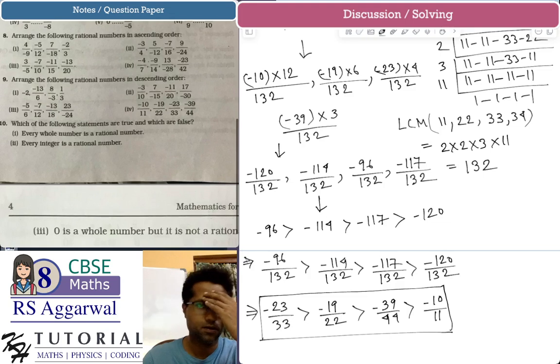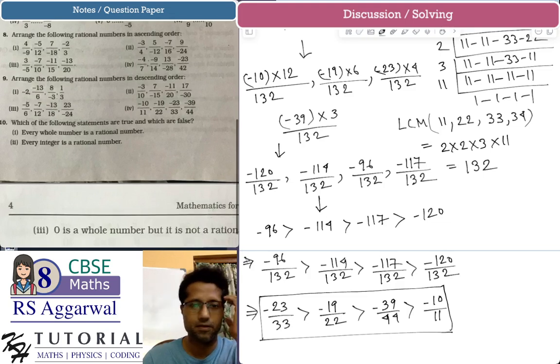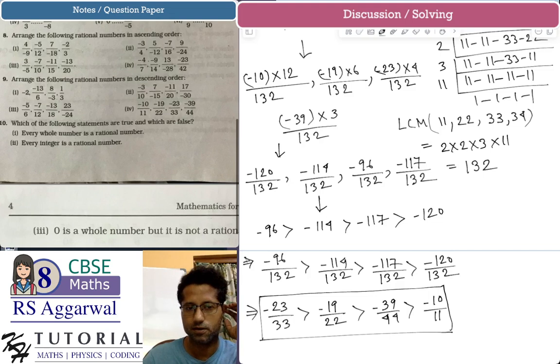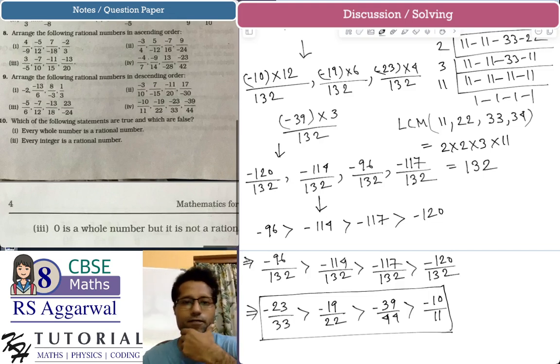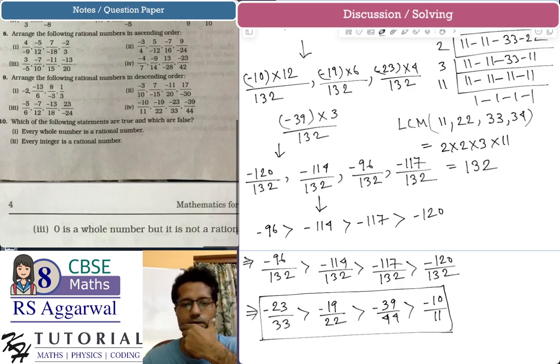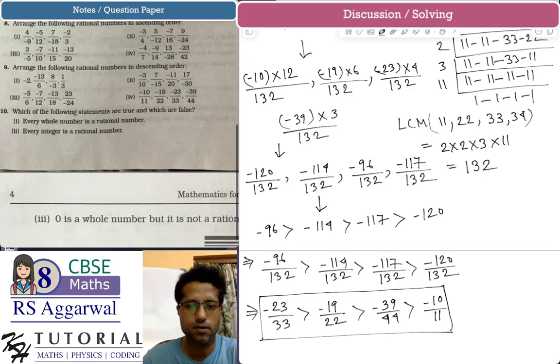For descending order, you have to compare the final rational numbers based on the numerators, and for ascending order, you have to compare the numerators. In the final step, you have to arrange the numerators in the ascending order. Okay.